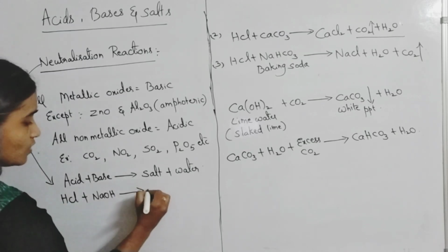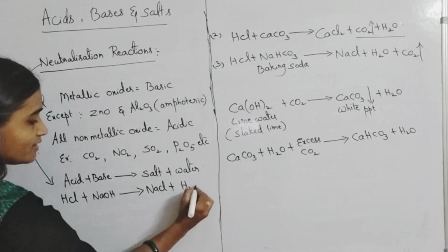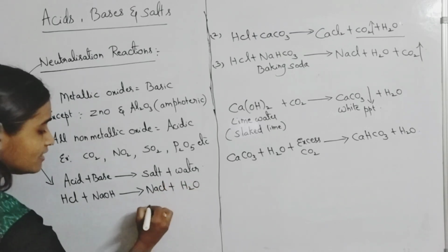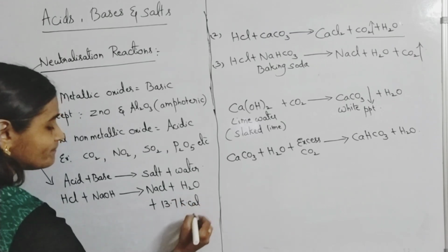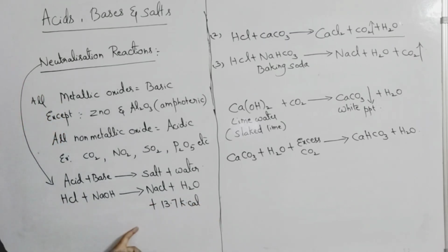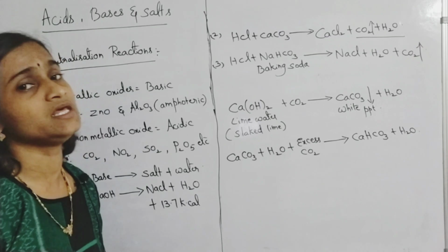HCl reacts with NaOH and gives sodium chloride, common salt, plus water. Along with that, 13.7 kilocalories of heat is also liberated along with the products. Please remember, that means a neutralization reaction is an exothermic reaction.